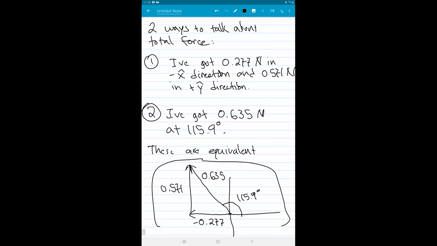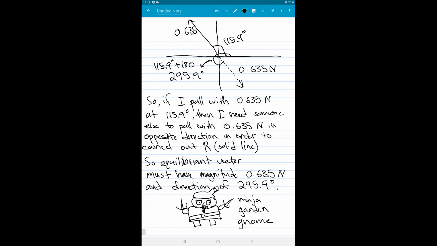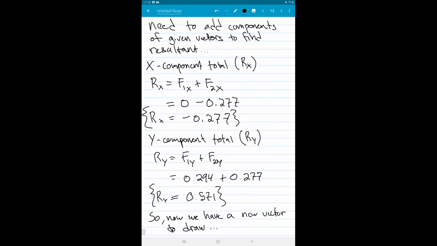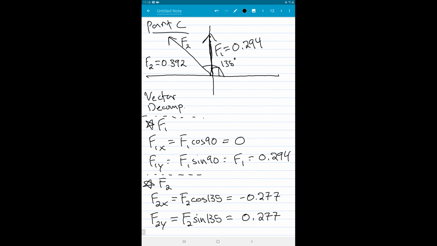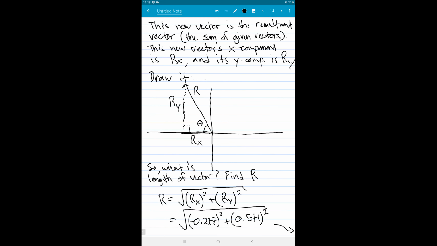So this is the resultant. The resultant's going to be the northwest one, because this is the sum of the two that I was given, back here. Like I added these two up and I got this one.